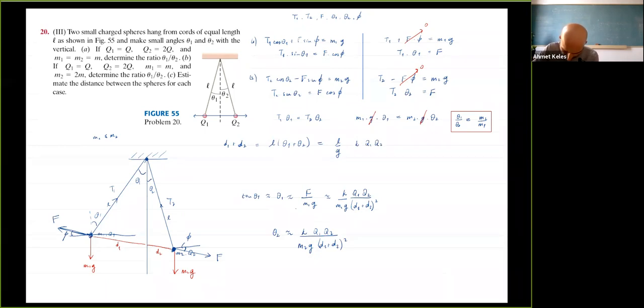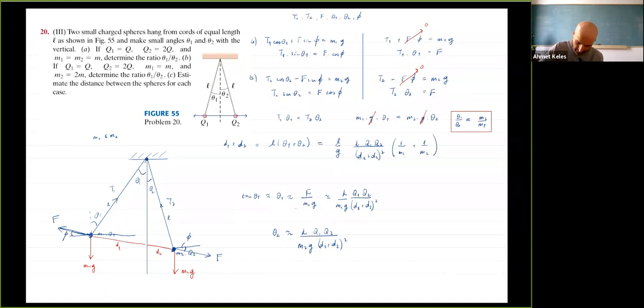Do I have everything? This divided by D1 plus D2 squared. Remember the distance between these is D1 plus D2. Also, did I forget something here? Yes, I forgot 1 over M1 plus 1 over M2.